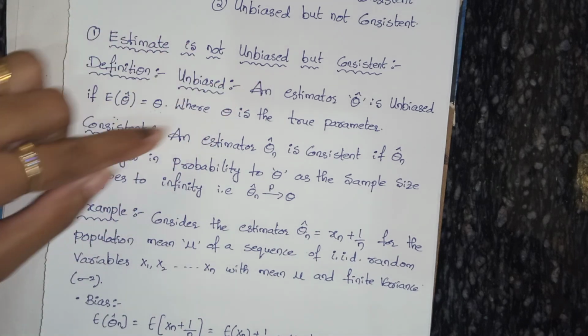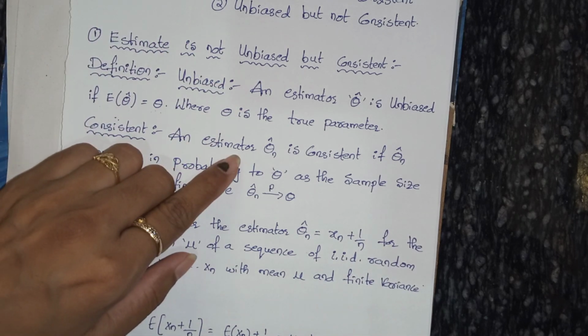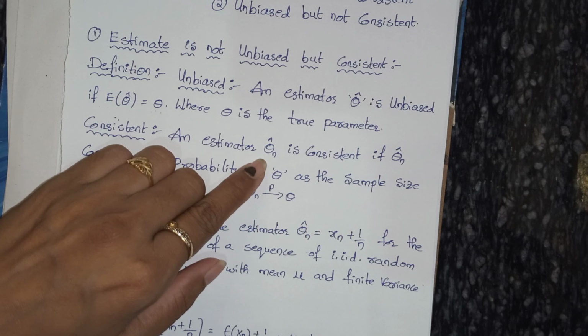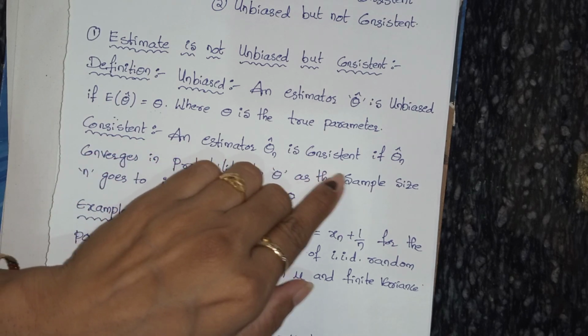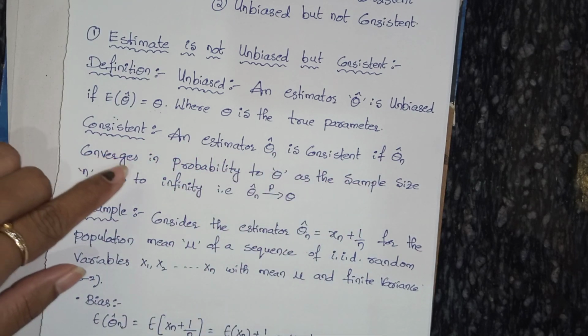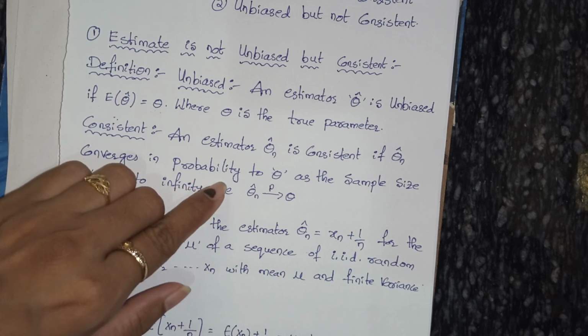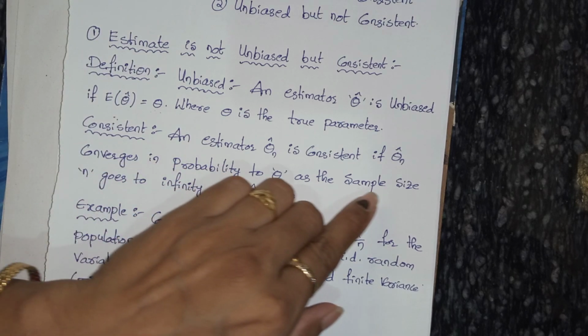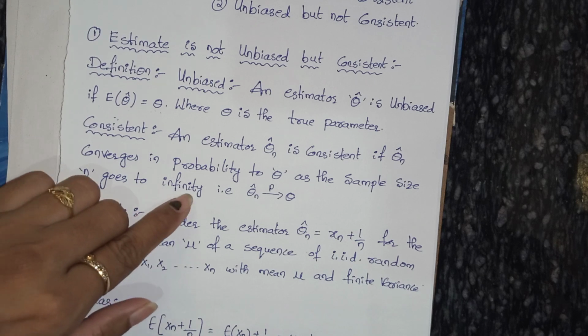Next, what is consistent? An estimator theta n is consistent if theta n converges in probability to theta as the sample size n goes to infinity.